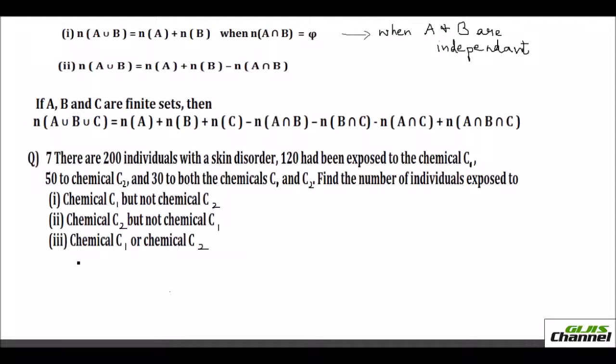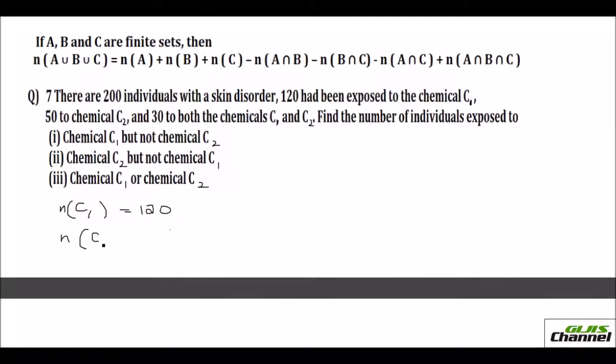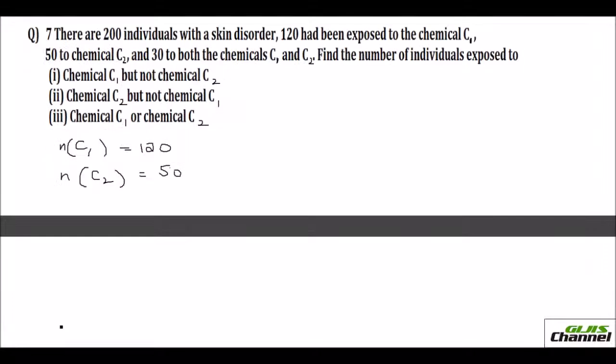The items given: N of C1, the number of people exposed to C1, is 120. N of C2 is given as 50. They have also given you people exposed to both the chemicals, that is N of C1 intersection C2, and that is shown as 30. Now you have a series of questions.